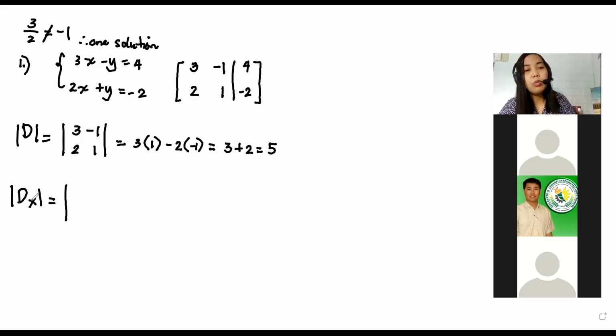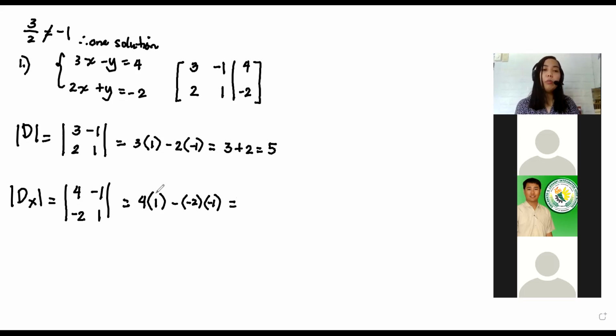So again, for Dx, you're going to replace your x with your constant. So 4, -2, and y retained, -1, 1. Again, to find the determinant of Dx, just copy your y, and for your x, copy your constants. So then let's find the determinant. 4 multiplied by 1 minus -2 multiplied by -1. 4 multiplied by 1, that is equal to 4.